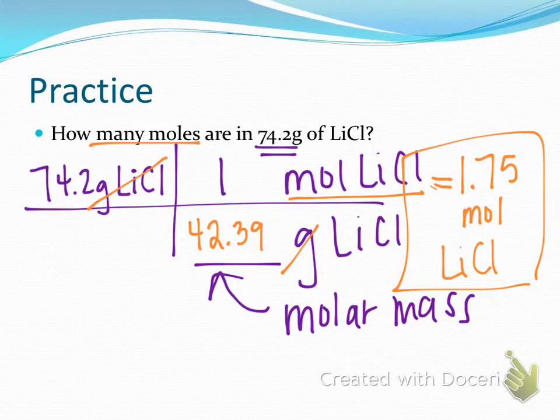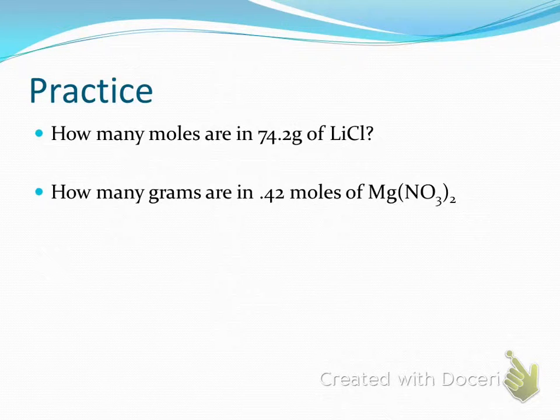All right, let's try another one. How many grams are in 0.42 moles of MgNO3, which is called magnesium nitrate?